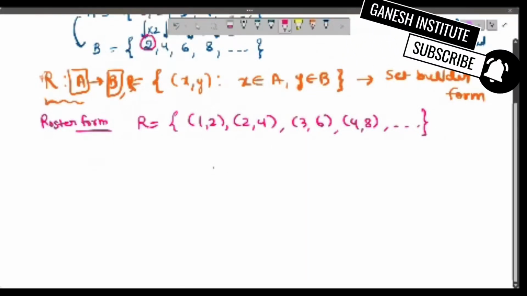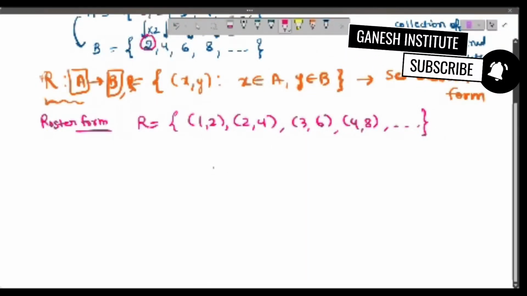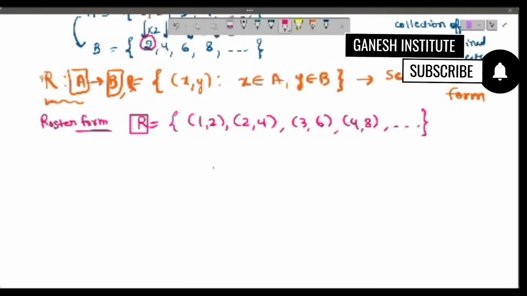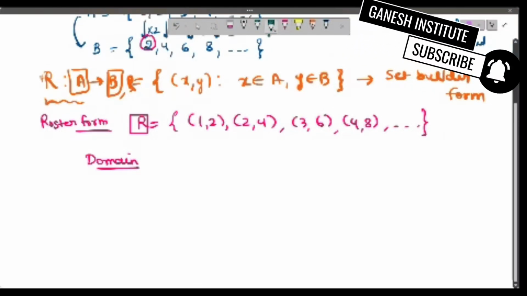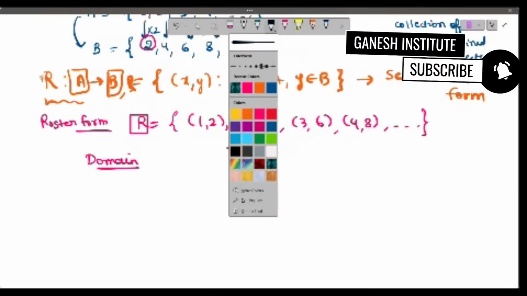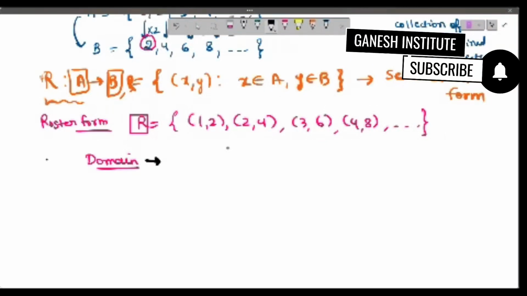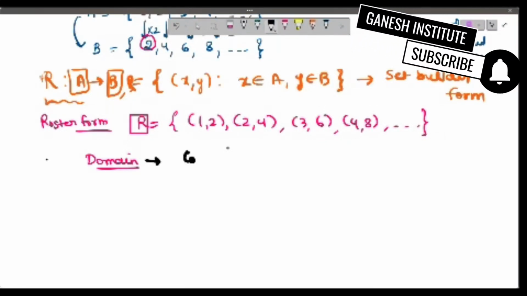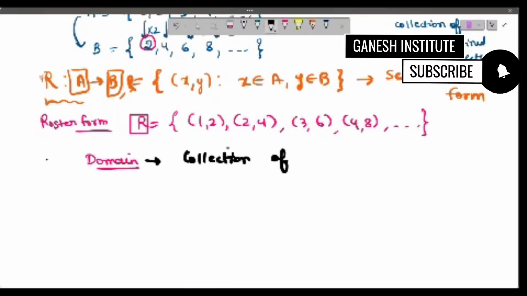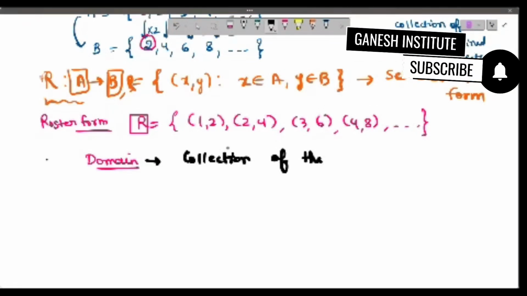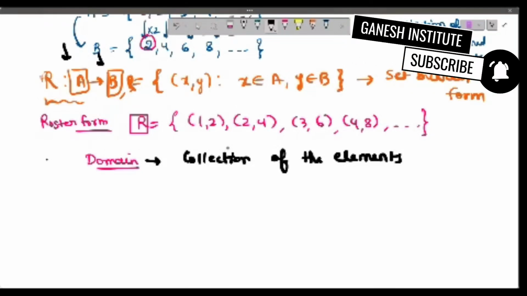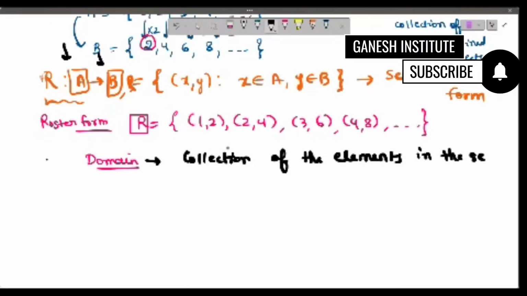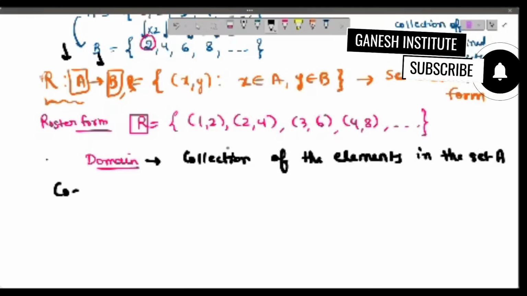Now, as you can see, I have some terminologies from this, firstly domain. What do you mean by domain? It's like the range of x values. Yes, so it is a collection or the list of all the elements from set A. I'm talking about this specific thing, A to B. Collection of the elements in the set A. What is codomain?